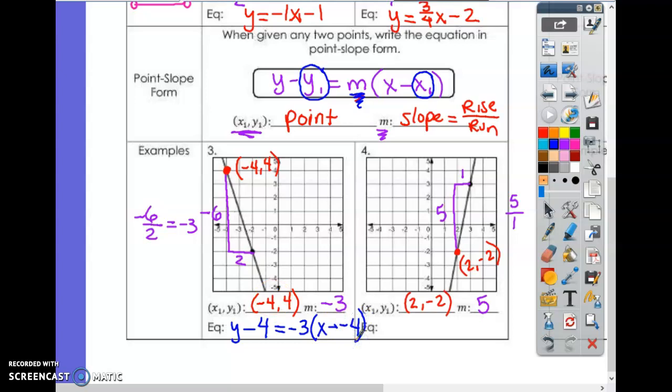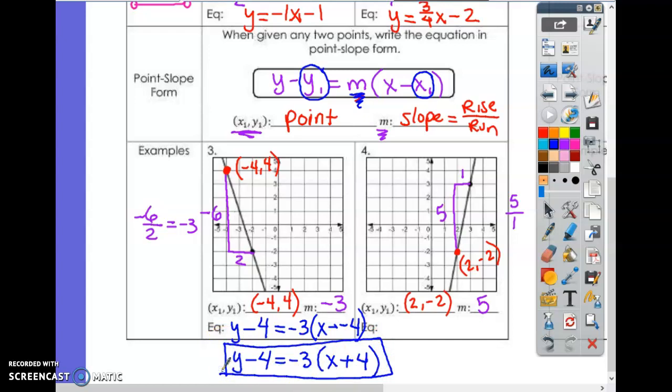Okay? When you have minus a negative, that's the same thing as plus. When you see this, minus a negative, you're going to put plus. So it's y minus 4 equals negative 3 parentheses x plus 4. The sign is going to change. Okay? So this is my equation for that one.